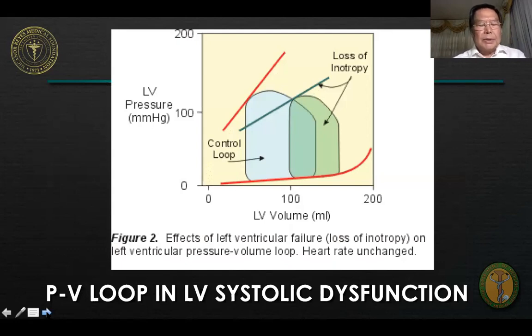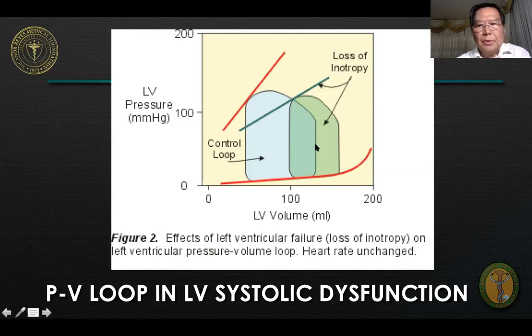This is an illustration of the pressure volume loop in patients with left ventricular systolic dysfunction, or simply put, patients with congestive heart failure. Take note that if we use this as our reference pressure volume loop, right? In patients with congestive heart failure, this is what happens in the pressure volume loop. And since there is diminished contractility or inotropic state of the left ventricle, this would result in a lower stroke volume.